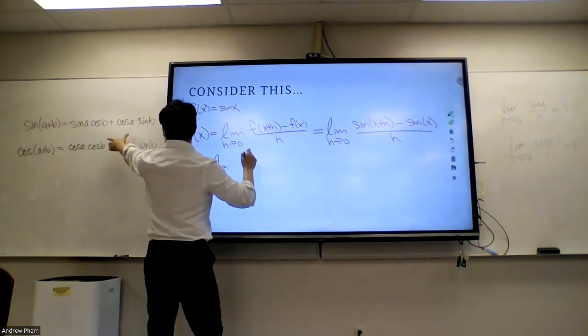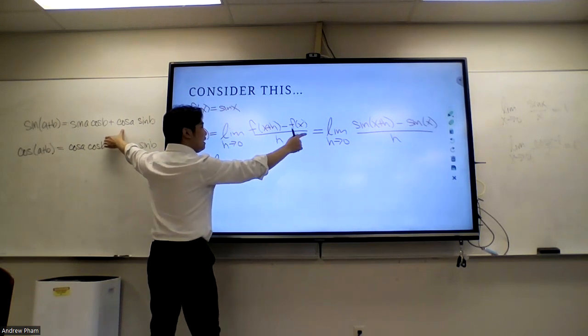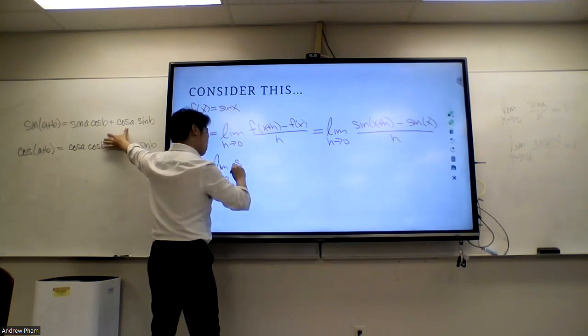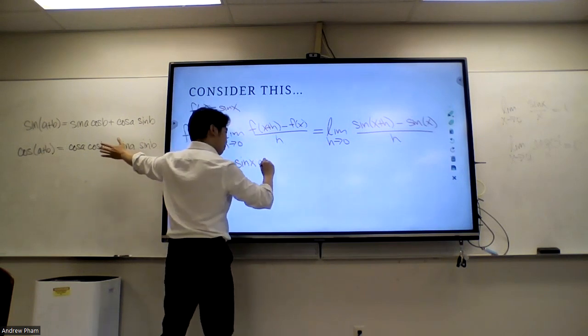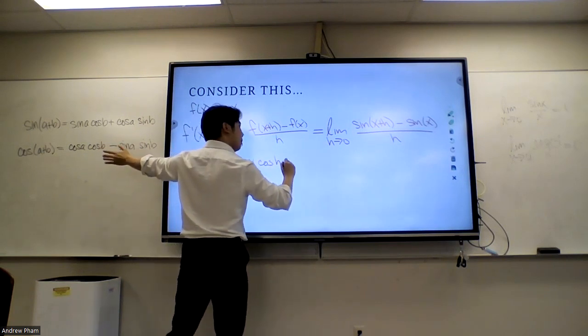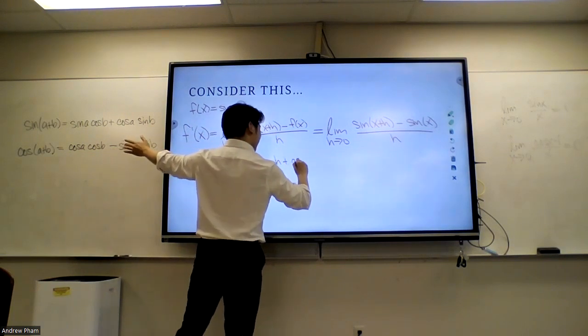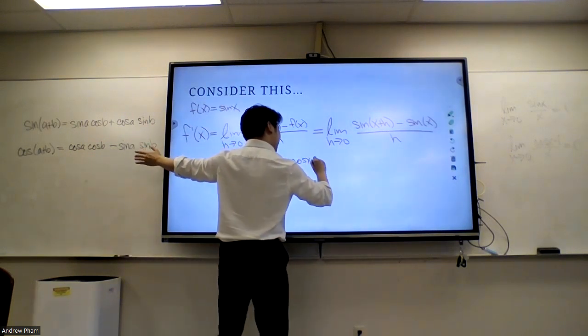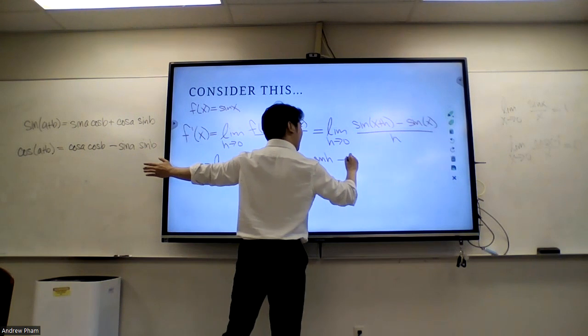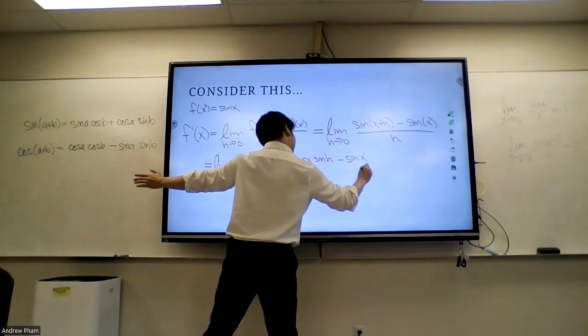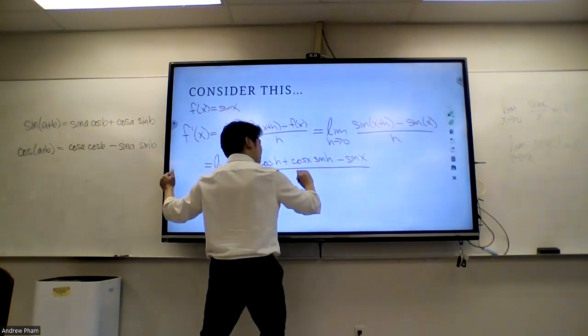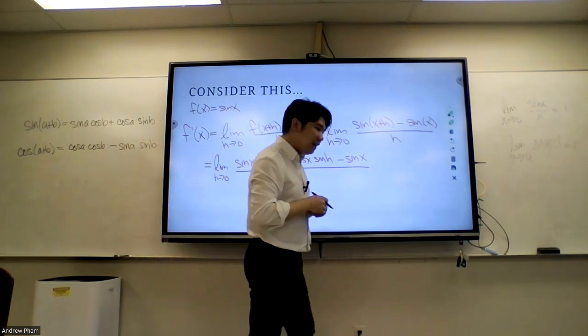Sine of x plus h, instead of a and b, I've got x and h. This becomes sine of x cosine of h plus cosine of x sine of h minus sine of x. I'm being a little bit lazy, not putting the parentheses, all over h.